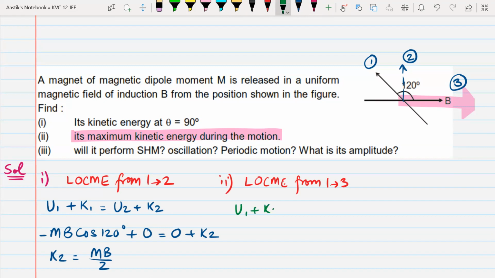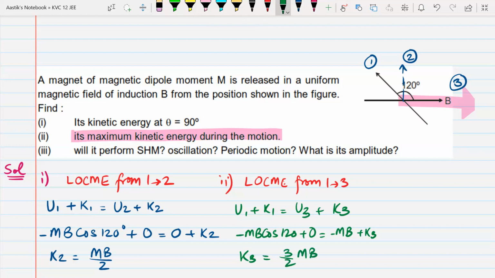Potential energy at point 1 plus kinetic energy at point 1 will be equal to potential energy at point 3 plus kinetic energy at point 3. This is minus mB cos 120 plus 0, equal to minus mB cos 0, which is 1, plus K3. Kinetic energy at point 3 will come as 3 by 2 mB. Do we understand this? Yes, sir.